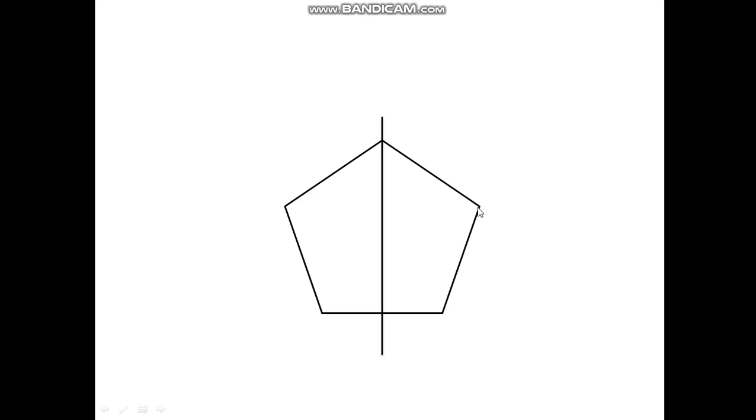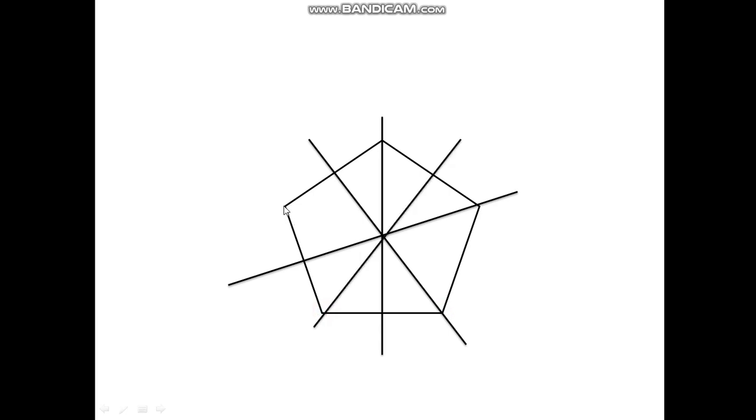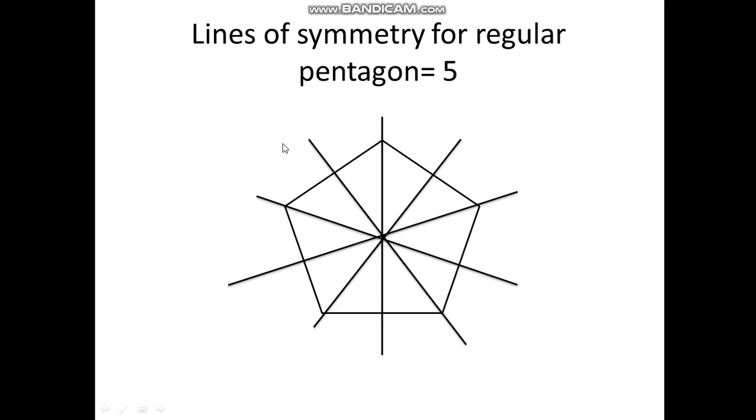Again from here we can draw one line through this, and again from another vertex, again from this vertex, again from this vertex. Yes, we will get 5 lines of symmetry. So the number of lines of symmetry for a regular pentagon is 5. That is, 5 sides, lines of symmetry equal to 5.